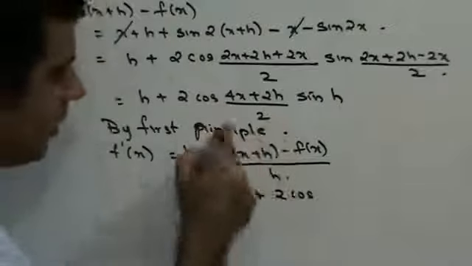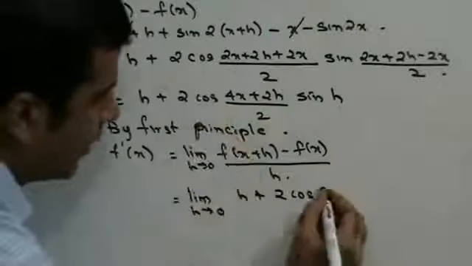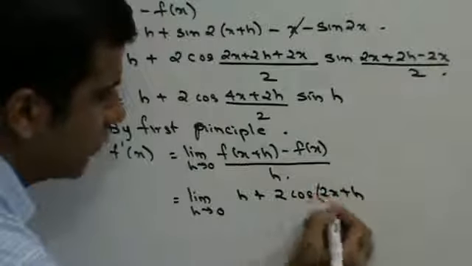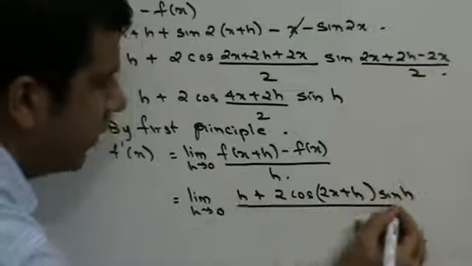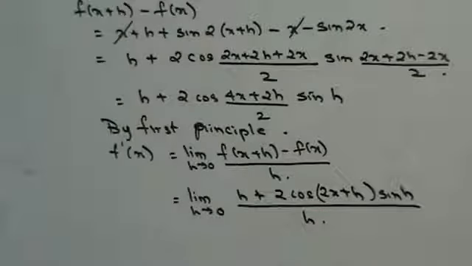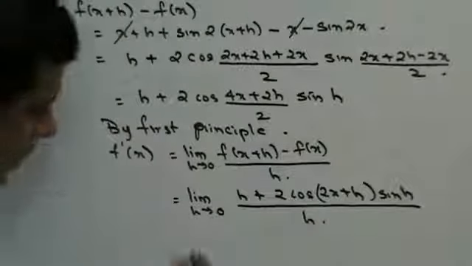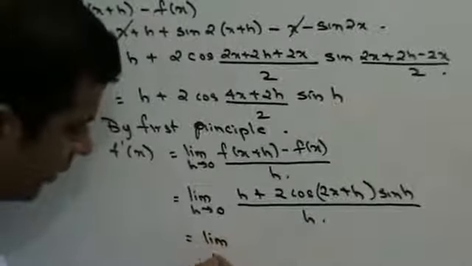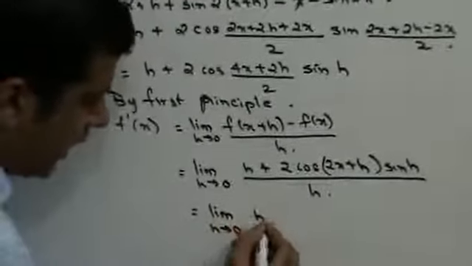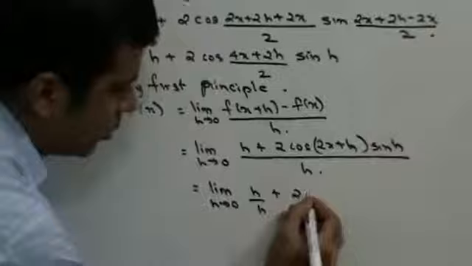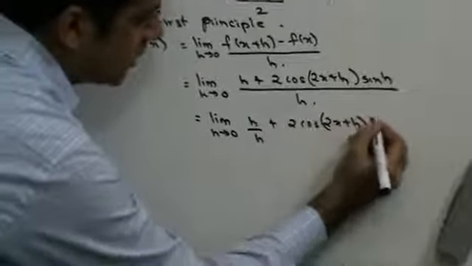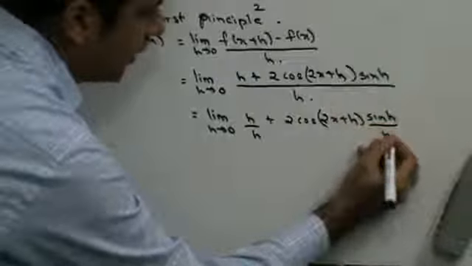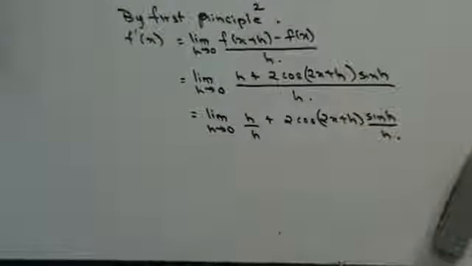I could take 2 common here, in which case I will get (2x plus h) sin h upon h. Split the numerator. If I split the numerator, limit of h tends to 0, I will get h upon h plus 2 cos (2x plus h) sin h upon h. I am splitting the numerator.